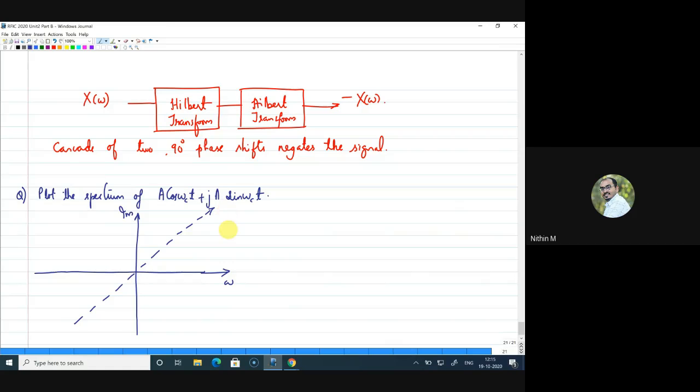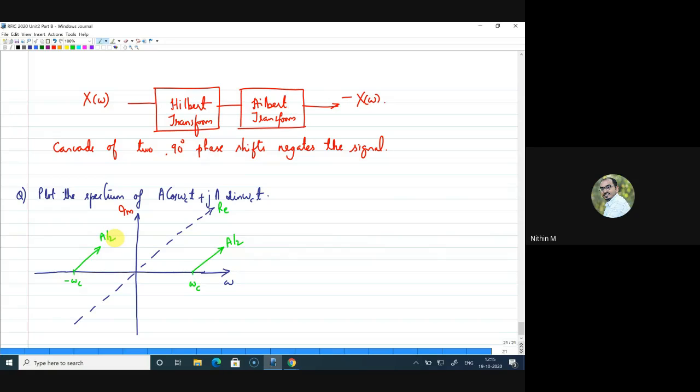So let me use different colors for you to have a better understanding. Let me use this color for real axis and this color for imaginary axis. So initially I have A cos omega ct, at omega c and minus omega c. We'll have a component A by 2 here, another component A by 2.